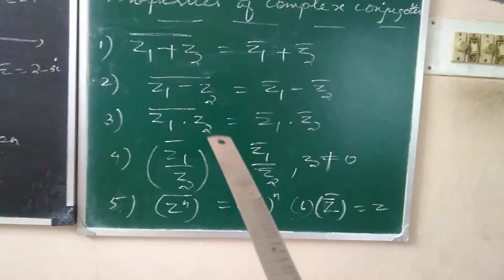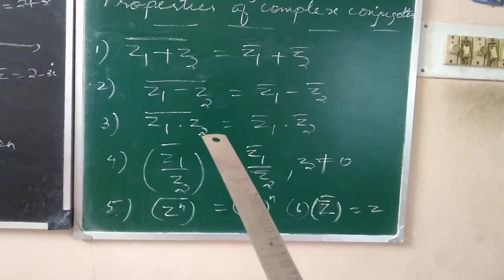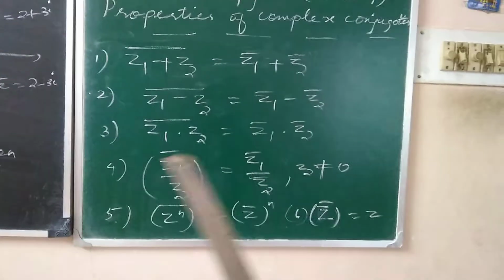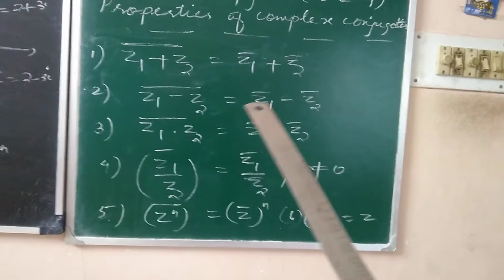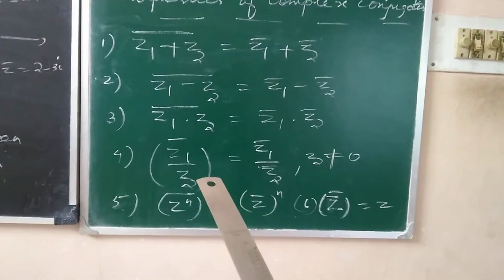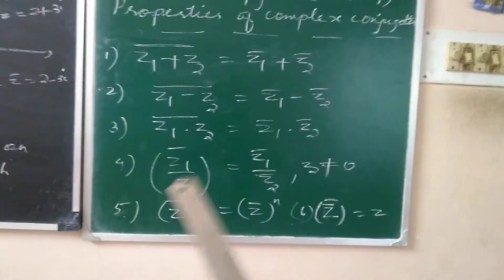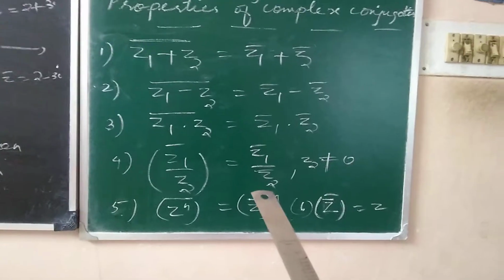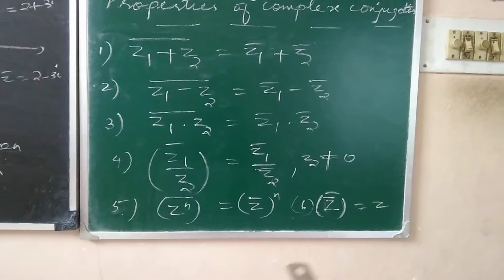Then z1 into z2 bar, the product. If you are taking the product of 2 complex numbers and then taking the conjugate, this answer will be equal to the product of the individual conjugates, z1 bar into z2 bar. Then as far as the quotient is concerned, z1 by z2 the whole bar will be equal to z1 bar by z2 bar under one condition: denominator is not equal to 0.